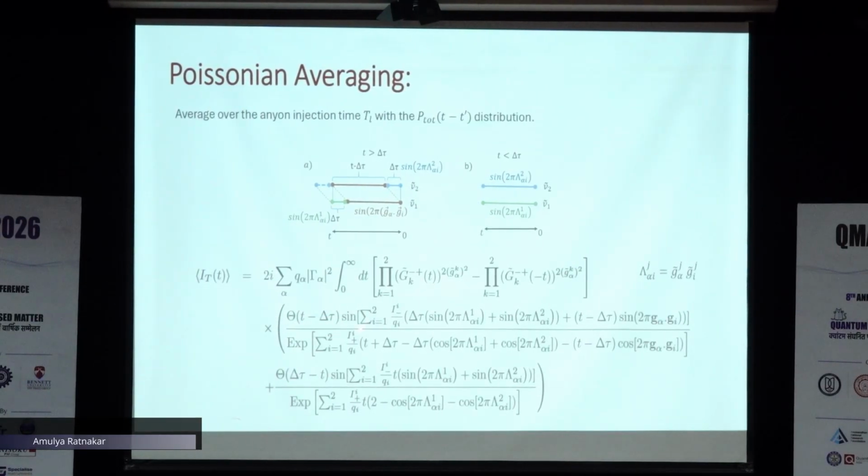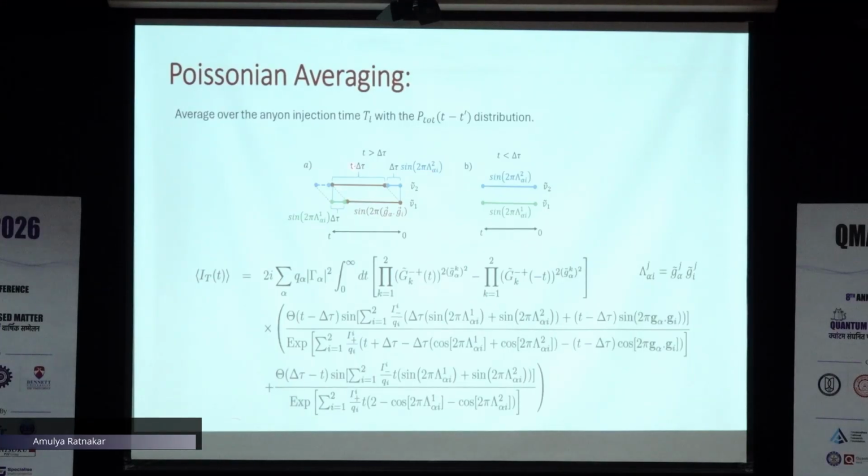For t greater than delta tau, we have this sort of braiding phase contribution, where this phase corresponds to the uncorrelated part of the anion beam, and this uncorrelated part of the anion beam gives a phase which is interaction dependent.